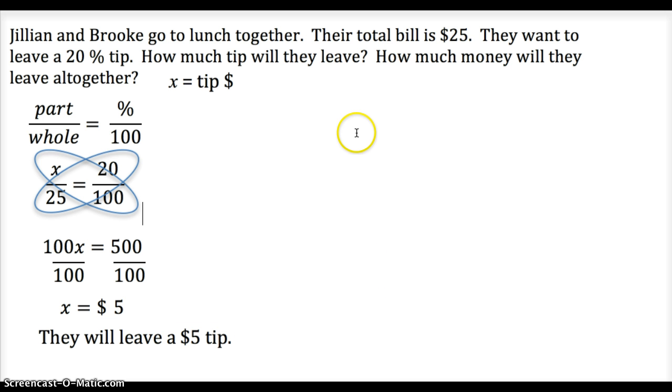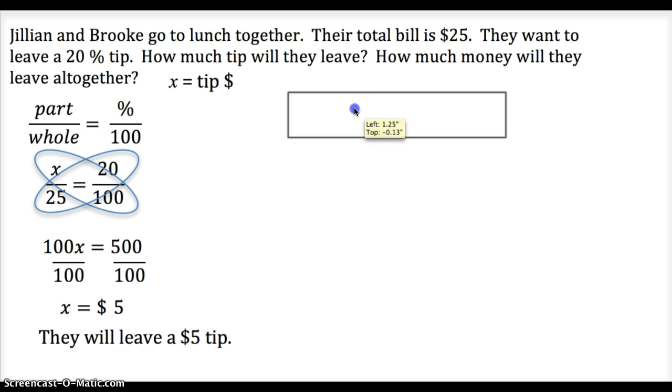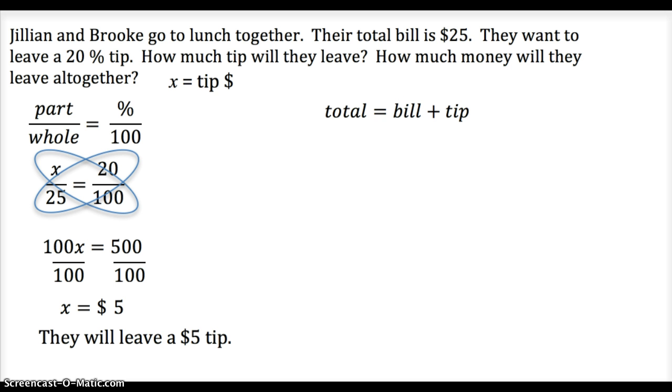Now, that's not it though. This is a two-part question. So now we need to know how much money they will leave altogether. In order to find the total, you need to add the tip to the initial amount of the bill. So the total is the bill plus the tip. We know the bill is $25, and we just found out that the tip is $5.